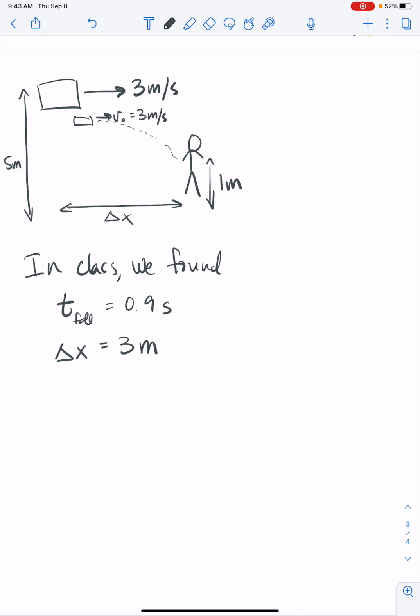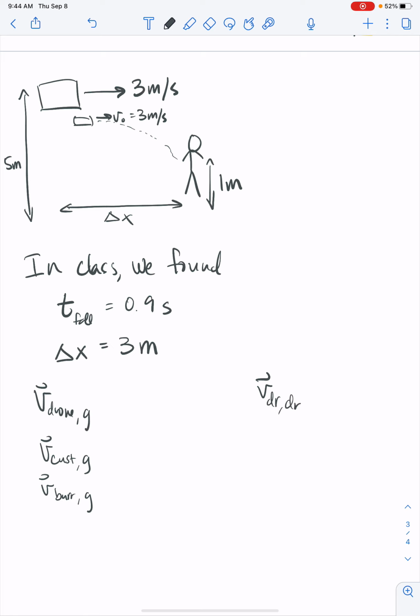And so now we want to find the velocity of the drone with respect to the ground, the velocity of the customer with respect to the ground, the velocity of the burrito with respect to the ground, and then all of these with respect to the drone.